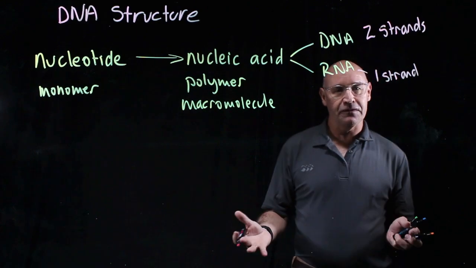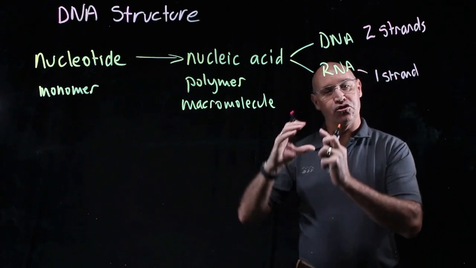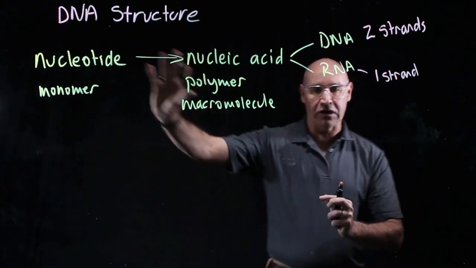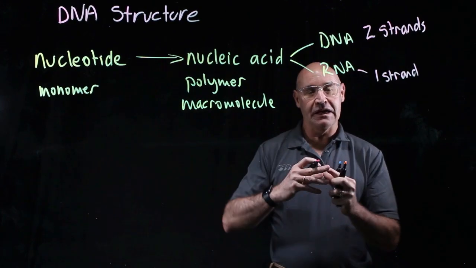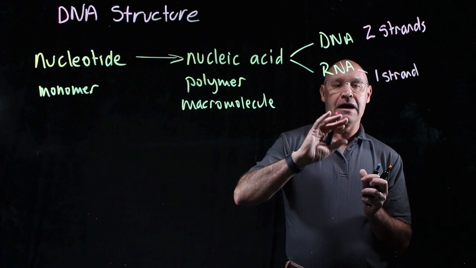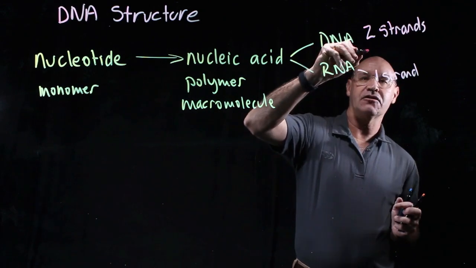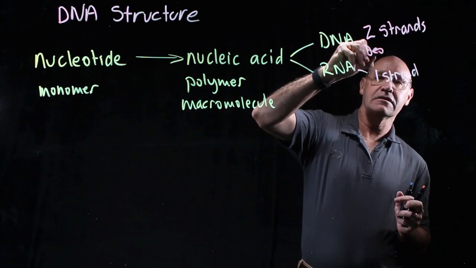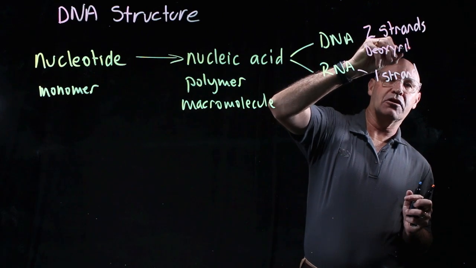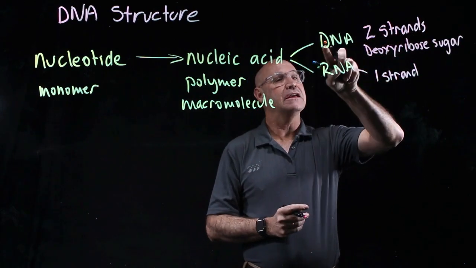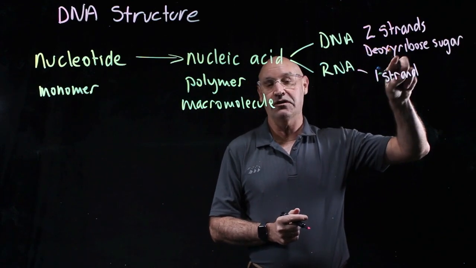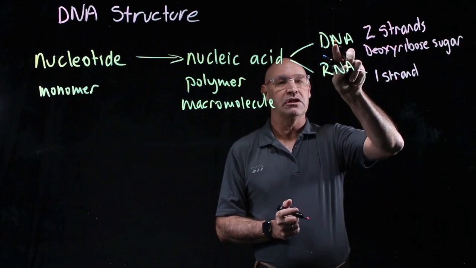A couple of other differences, they have a different sugar. I'm going to talk to you about the actual structure of a nucleotide in a second, but one of the parts of it is a sugar. And in DNA, it's called deoxyribose sugar. The D in DNA stands for deoxyribonucleic acid.